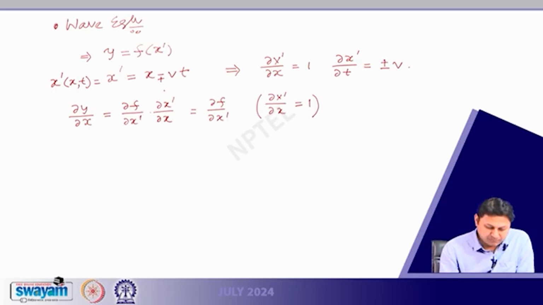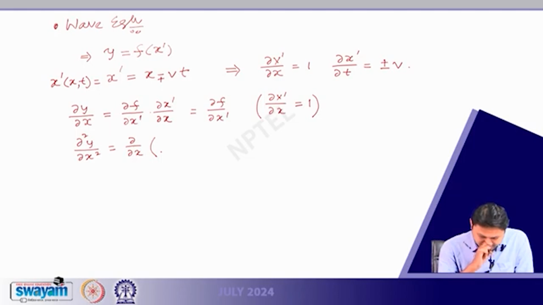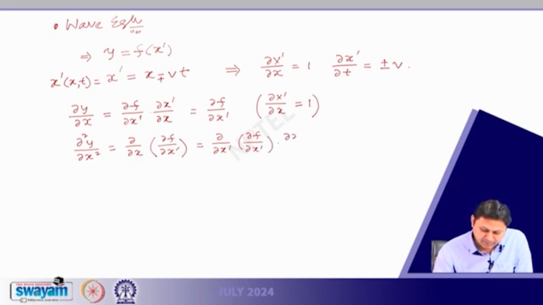Similarly, if we take a second order derivative of this quantity with respect to x, we can have del x, and then dy dx I can replace as del f del x prime, which is del x prime of del f del x prime and del x prime del x.